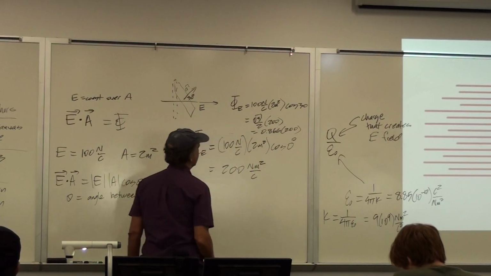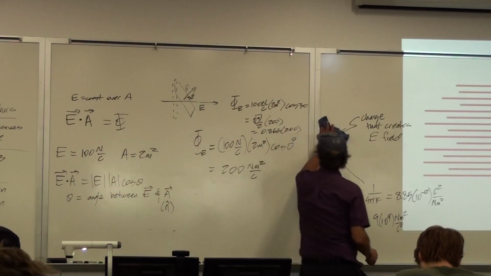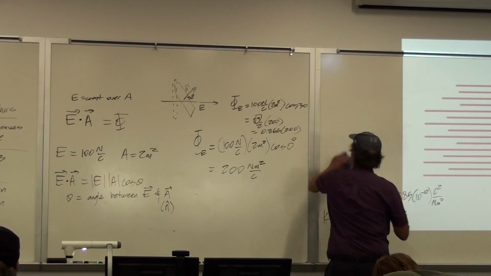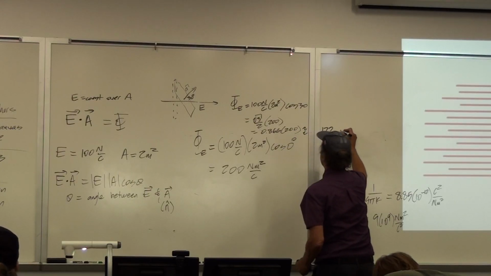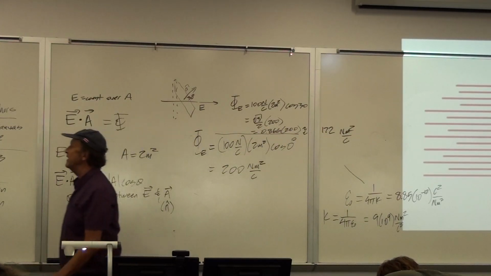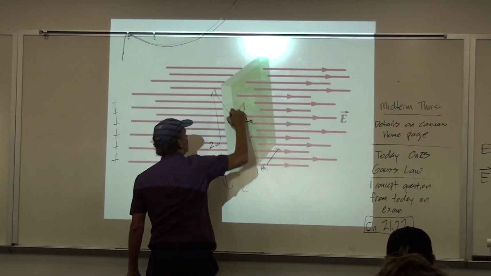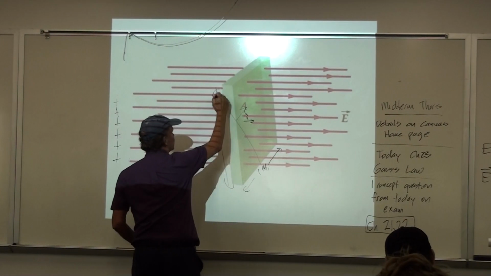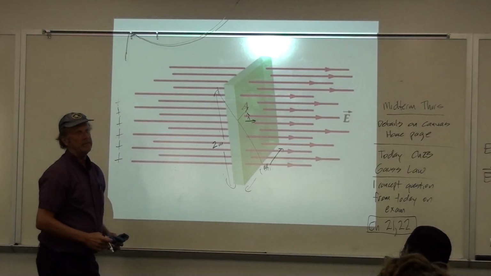And so that would be like 172 or something. And that would be Newton meters squared per coulomb. So we would have a lower flux because we have a less favorable orientation. The unit normal now is pointed this way, so there's less effective area being exposed to the electric field.